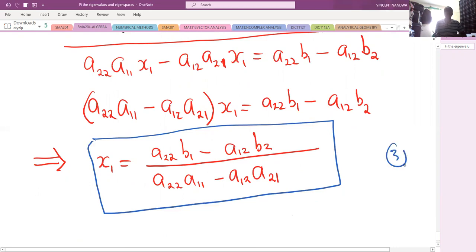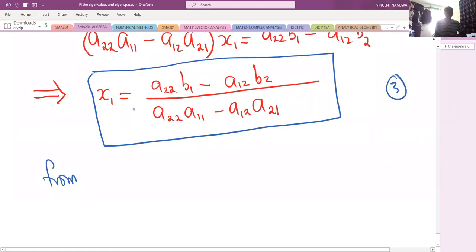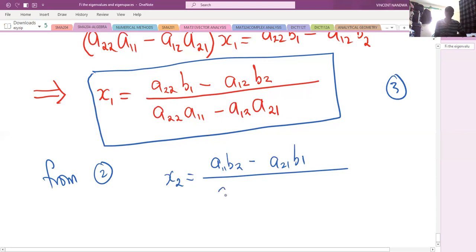From this one here, from 2, which was giving us x2 to be a11 b2 minus a21 b1 over a11 a22 minus a12 a21.